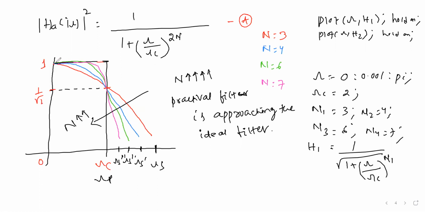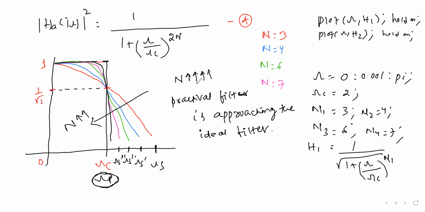If you plot the next value, it will come like this. Again, if you plot, slowly it will approach the ideal filter. Then obviously after omega p we don't want the signal, because that is an unwanted signal for us. So after omega p, it will block the signal.